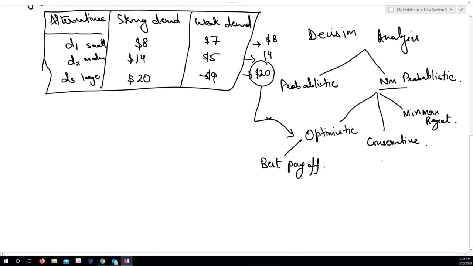But then there's a conservative approach, which is like we look for the best of the worst possible payoffs.